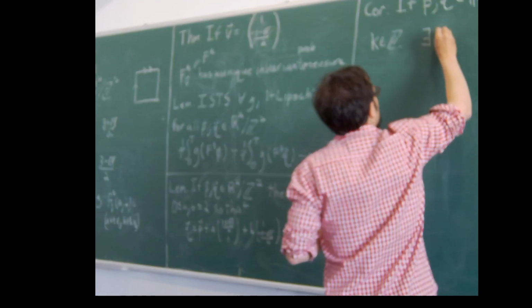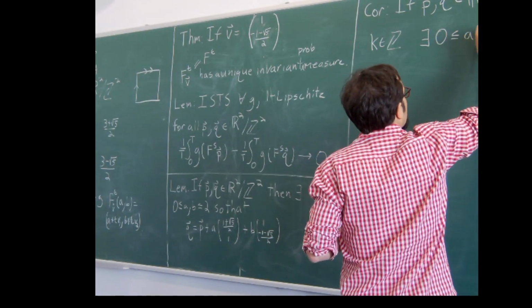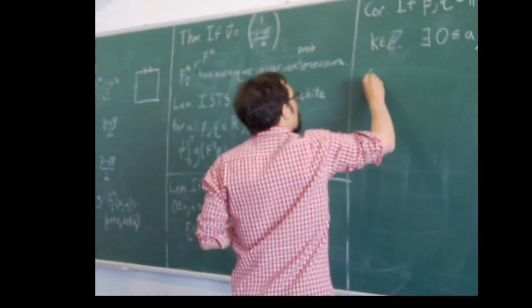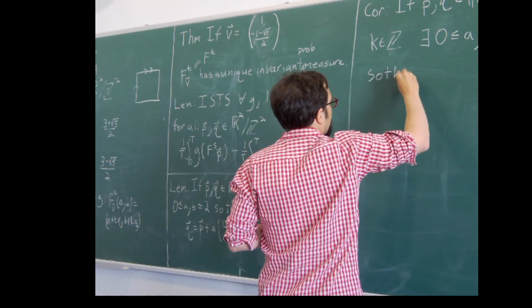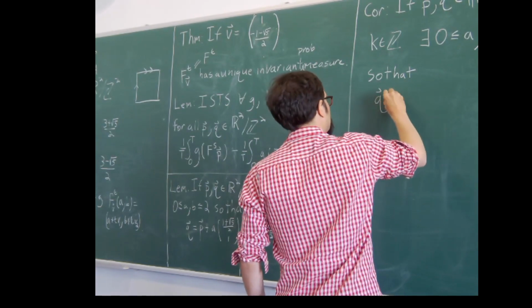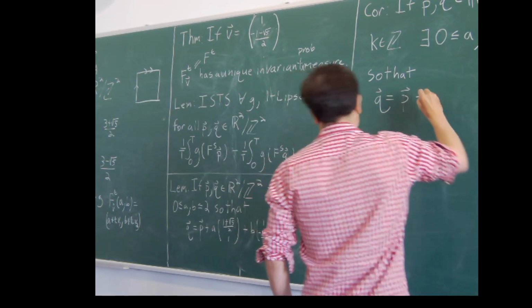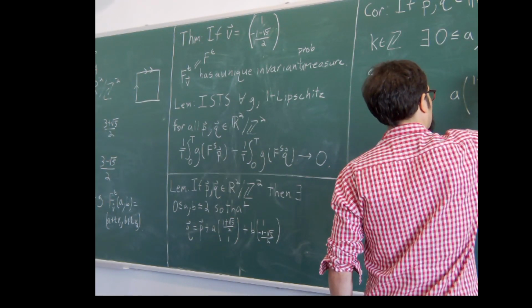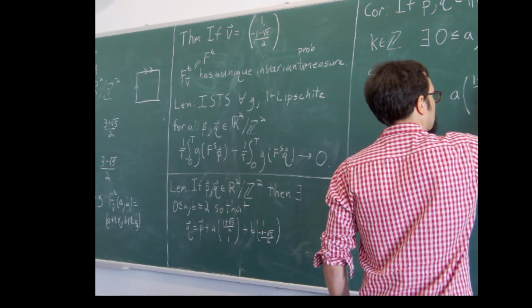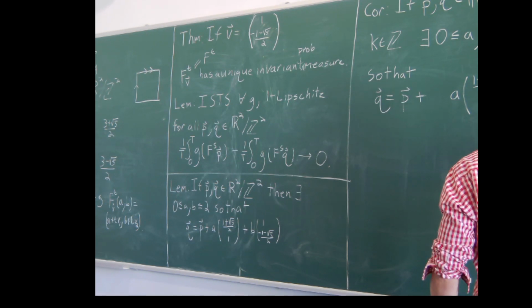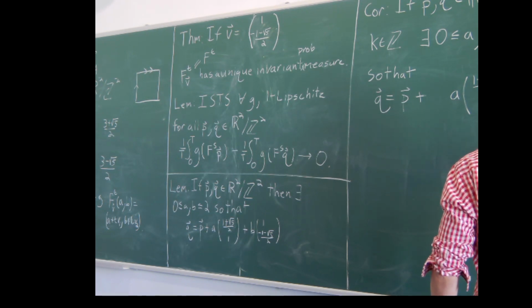There exists A, B, with 0 less than or equal to A, B less than or equal to 2, so that Q will be equal to P plus A times (1 plus the square root of 5)/2, 1, plus B times (minus 1 minus the square root of 5)/2.